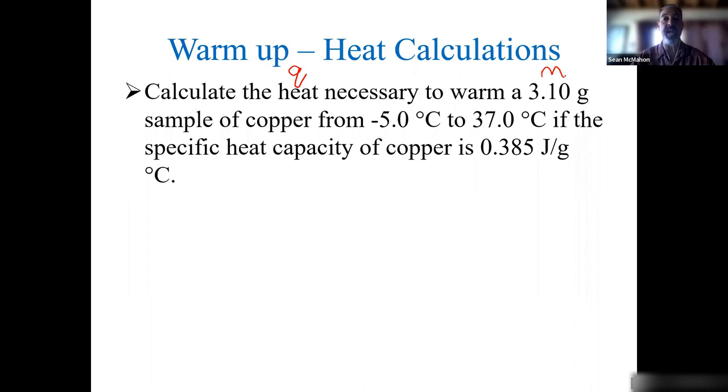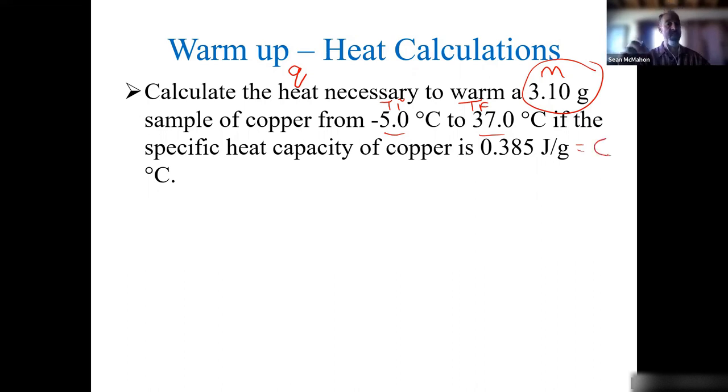With mCΔT, the delta T, there's an initial temperature and there's a final temperature. So I'm raising this mass of copper from that temperature to that temperature, and I want to know how much heat is required. But I need to know in the mCΔT the specific heat, which is the C, and they give this.